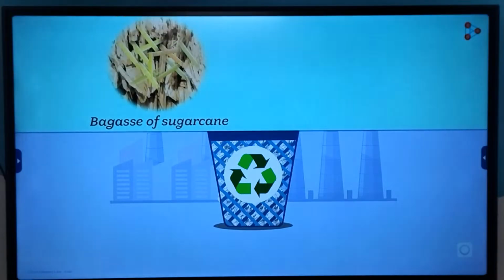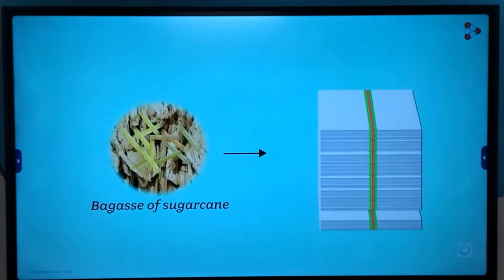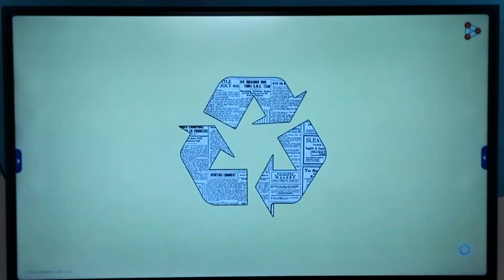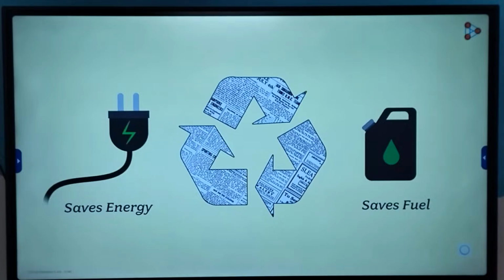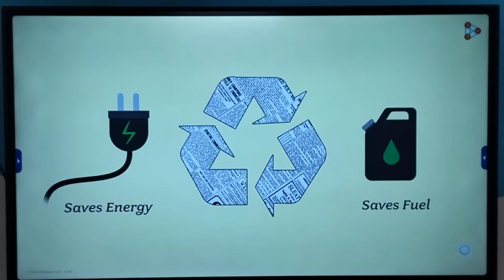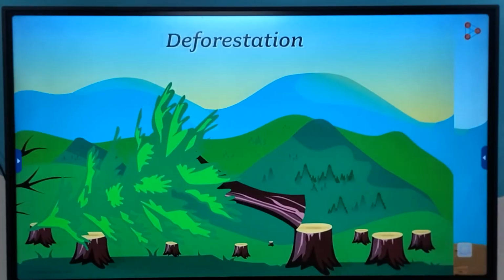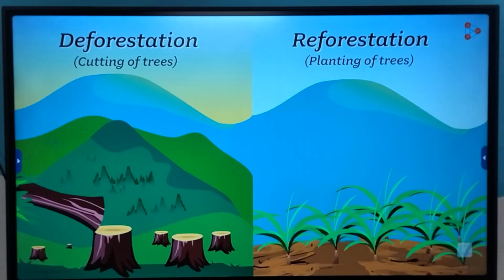Do you also know that the bagasse of sugarcane is now used to make paper? If we can think of alternatives like this, it will surely go a long way in saving trees. Recycling of paper will also save the amount of energy and fuel used in making paper. What about the best way of undoing deforestation? It's called reforestation. If deforestation is cutting of trees, then reforestation is planting of trees.